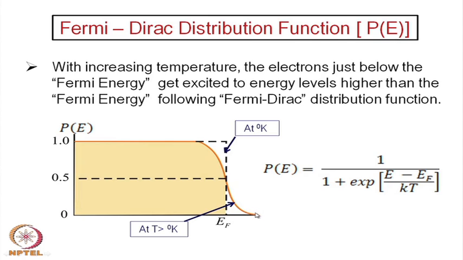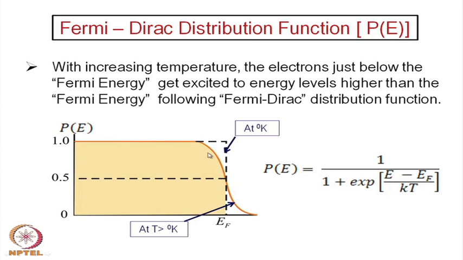So, it will increase from here, from 0 occupancy factor. Beyond this point there will be no occupancy, the energy states will be completely empty, but up to this there will be some finite occupancy, and then that quantity will increase slowly and become 1 at an energy a little lower than the Fermi energy.